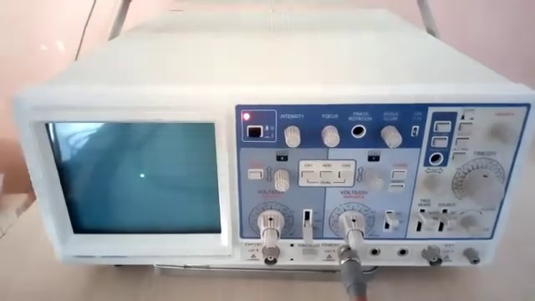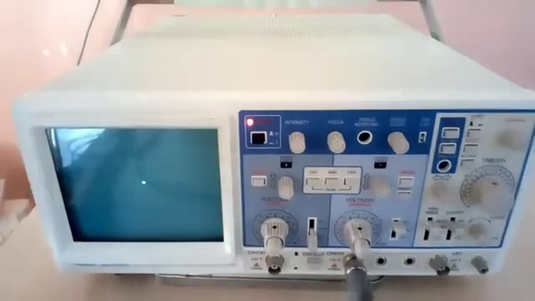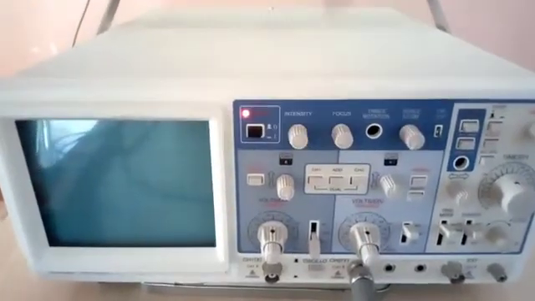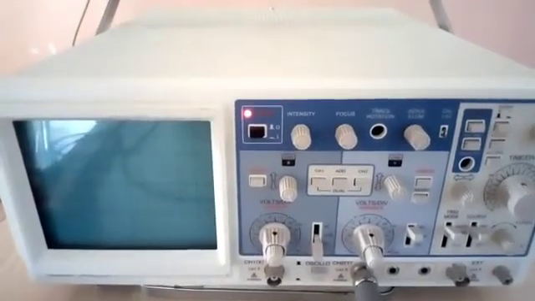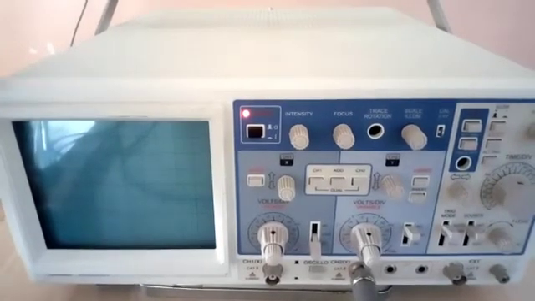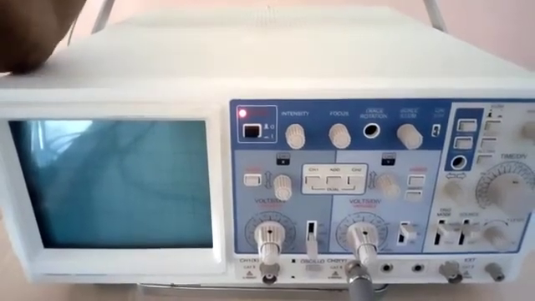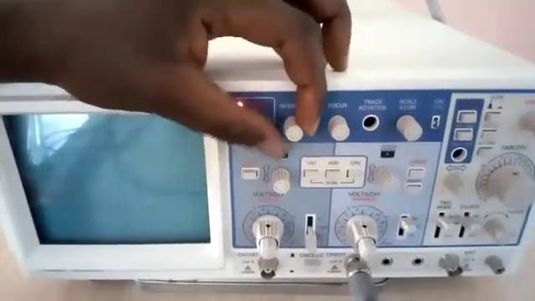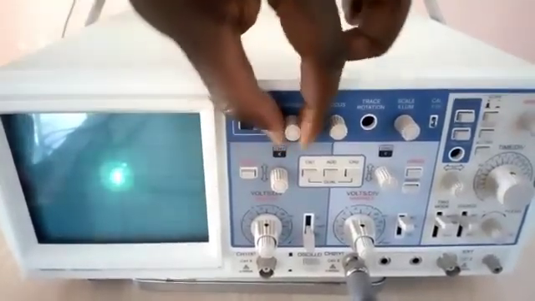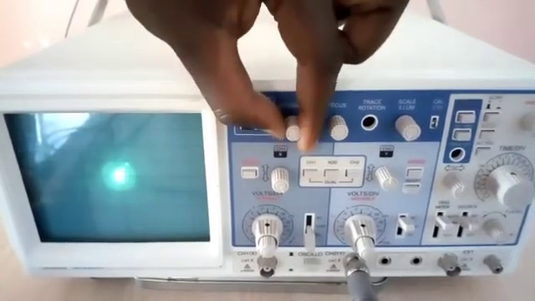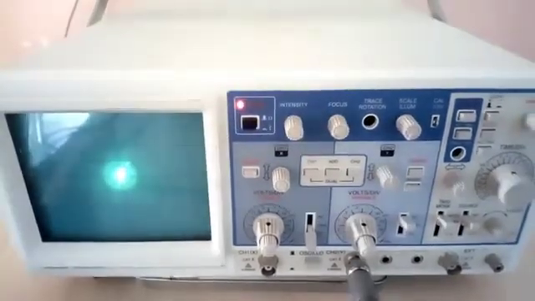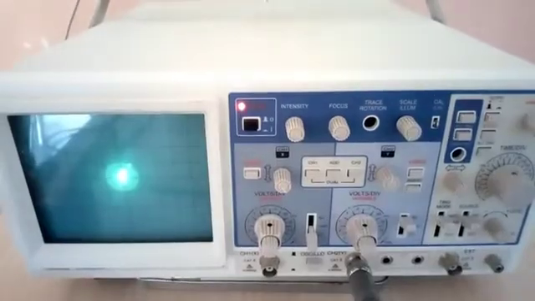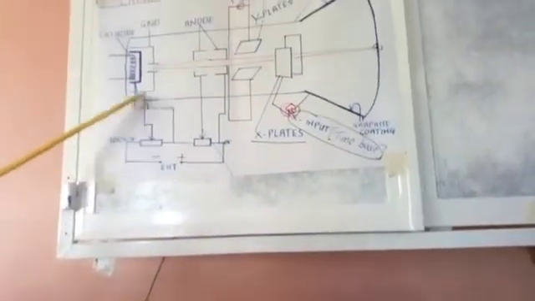The spot is now very dull, and we can turn it up to a point where we can no longer see the spot, meaning that the grid at this point is highly negative. It's allowing no cathode rays to pass through. So this is the intensity or the brightness knob that controls the potential divider that divides the potential difference which is across the grid.